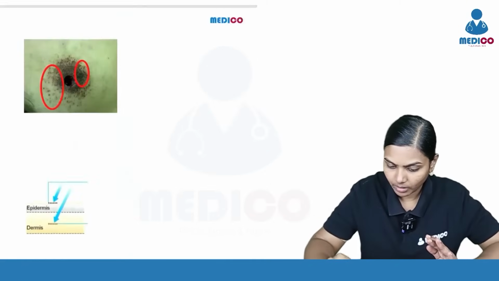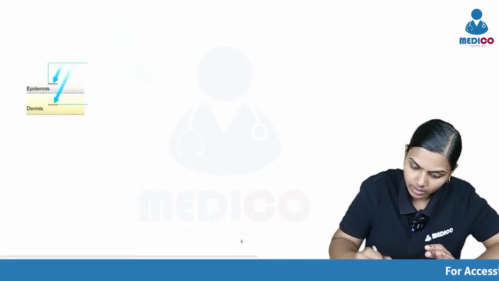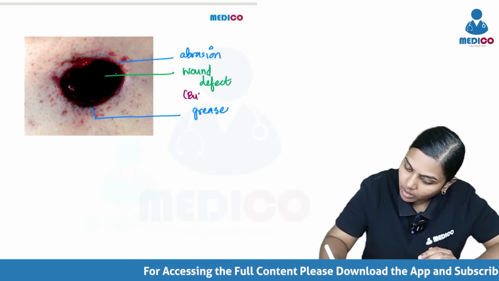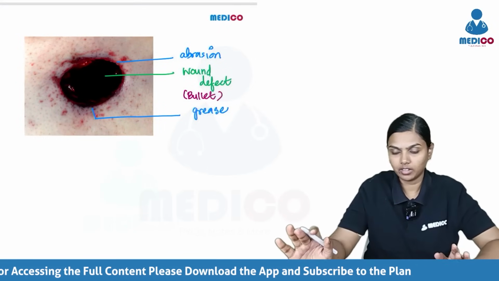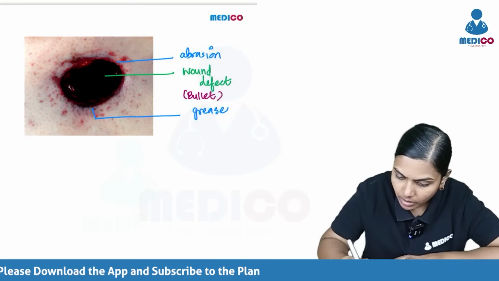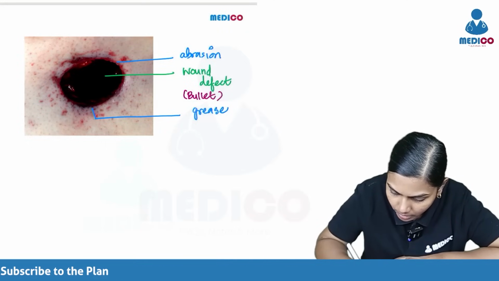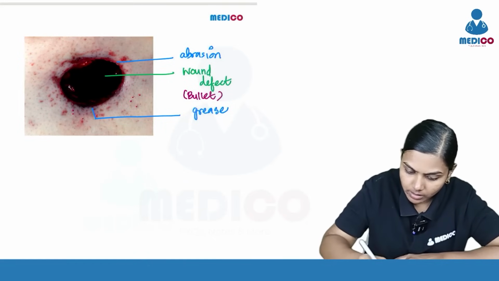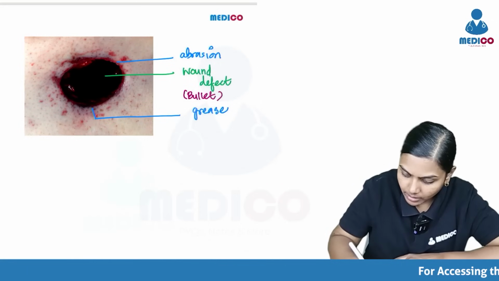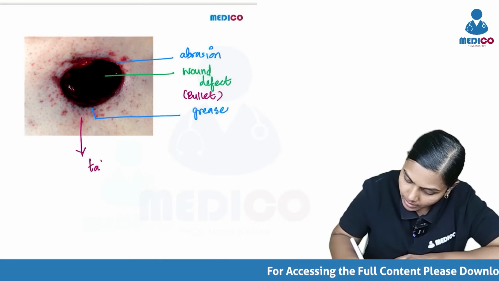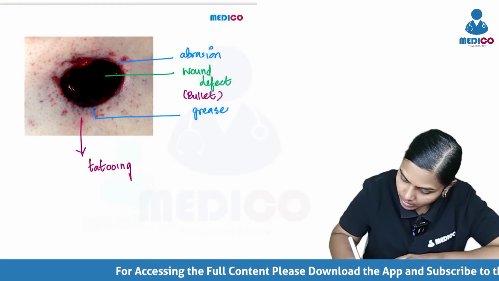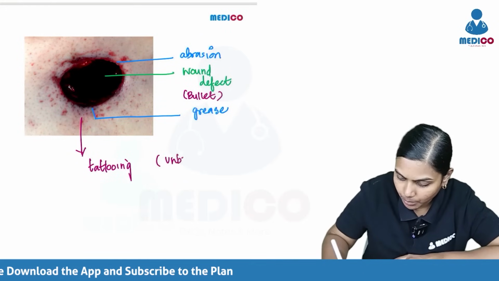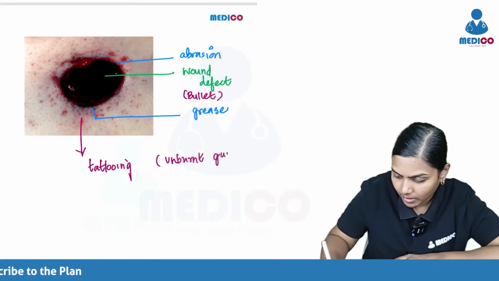Now, we will go to the same picture. This wound effect is caused by your bullet. Clear? Now, do you see these small dots here? See all these things. These are known as tattooing, and these are caused by unburnt gunpowder.